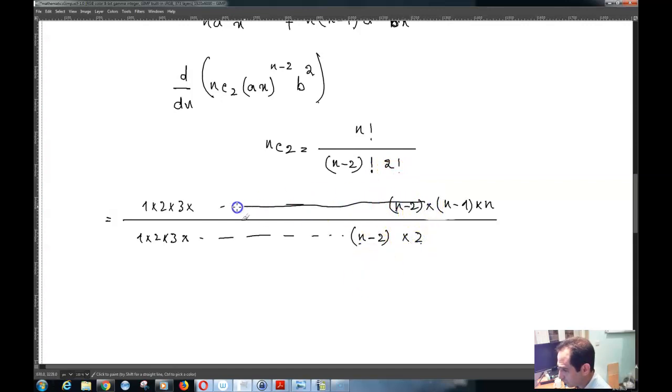So I can simplify all of these terms with all of these terms, and so you have n times n minus 1 divided by 2. So this would be n times n minus 1 divided by 2.